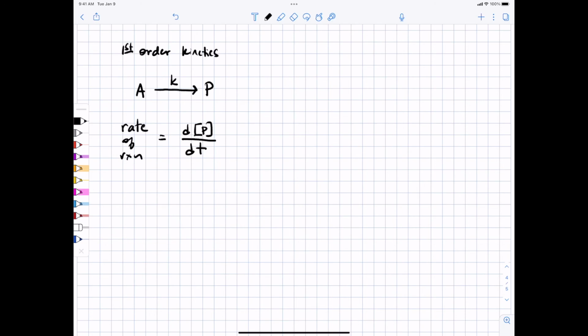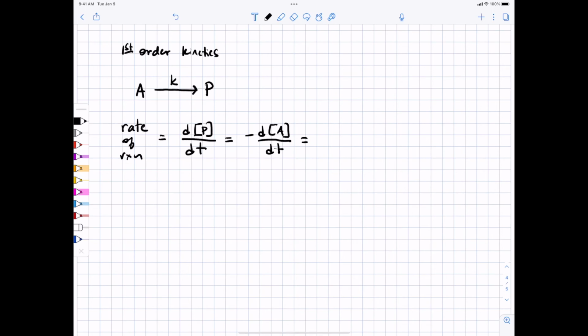You could think of that as the first derivative of product concentration with respect to time. And if we're measuring this rate by product appearance, because there's only one place for product to come from, it would also be true to say the opposite of starting material disappearance is equal to that rate, okay?